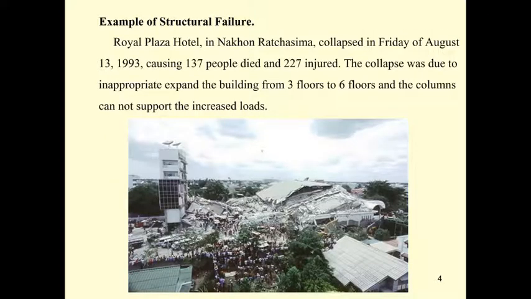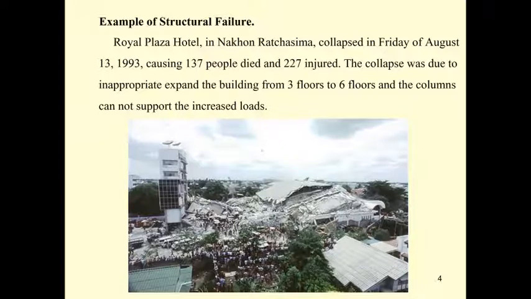Okay, let's see some examples of structural failure. The picture over here occurred in Korat many years ago in 1993. There was a hotel, and the hotel was expanded, changed from a 3-story building into a 6-story building.